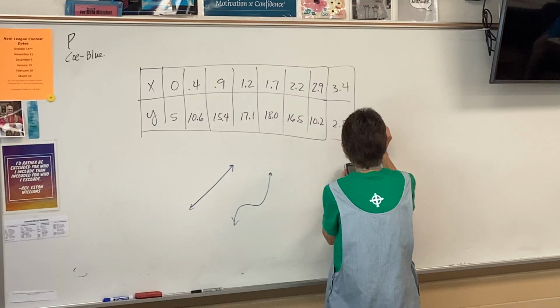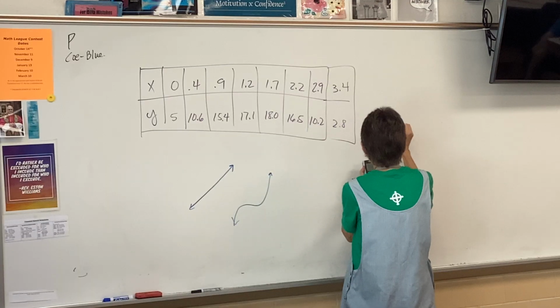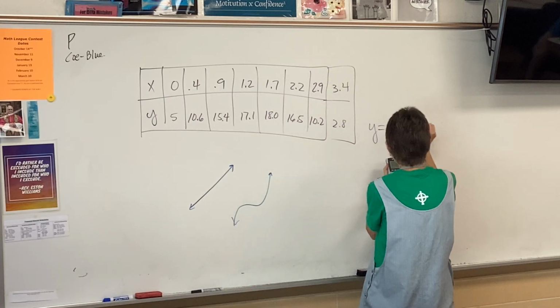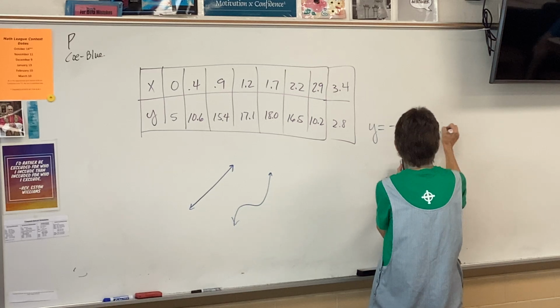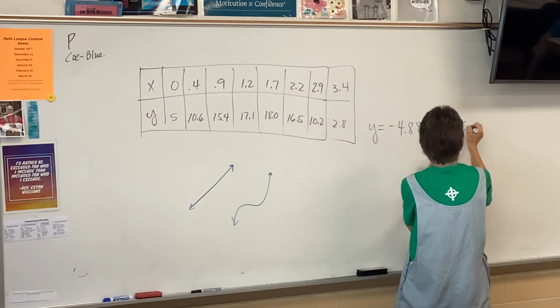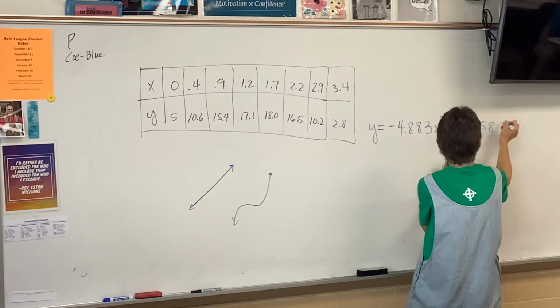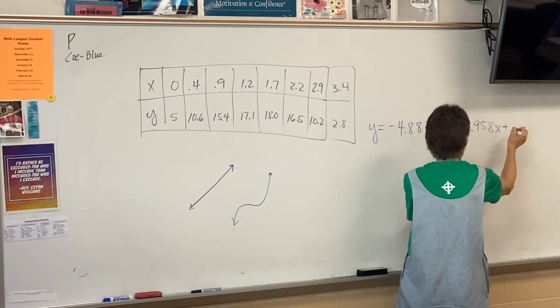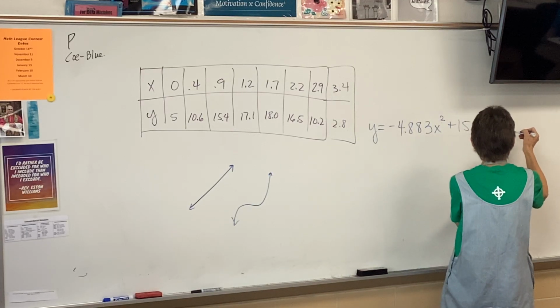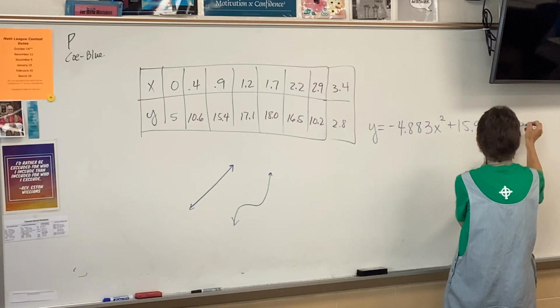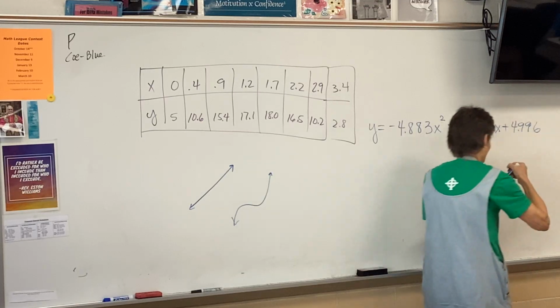And it gives you the equation, negative 4.883x squared plus 15.958x. Please tell me this is what you have, plus 4.996.